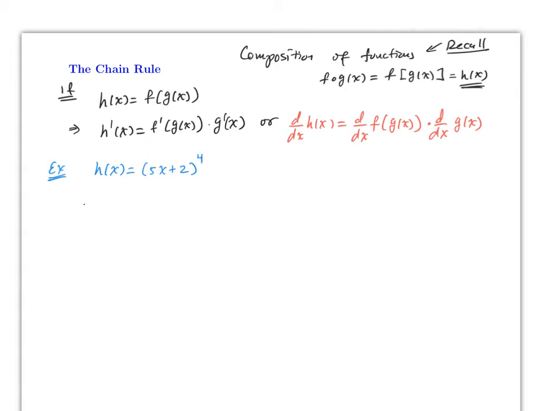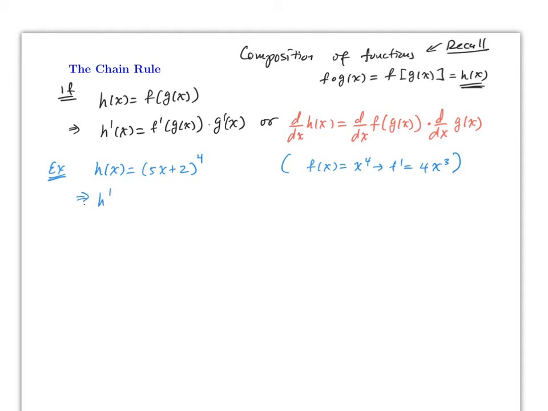Okay. So if the function was just f of x equals x to the 4, then the derivative will be just 4x cubed, and that will be the end of the story. And that's technically what we're going to do here.